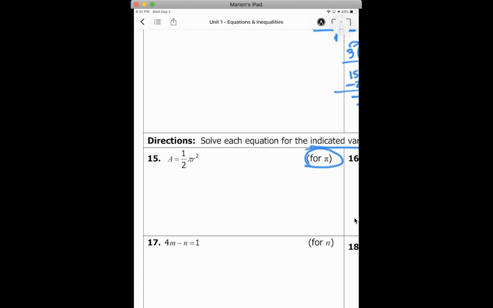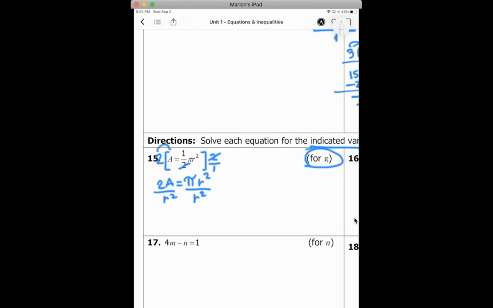I know that there's a 1/2, which is a fraction. I will multiply both sides by 2. So distribute, that will be 2 times A. 1/2 times 2 over 1, that will cancel the 2. What is left will be pi and r squared. We're solving for pi, so we divide both sides by r squared.